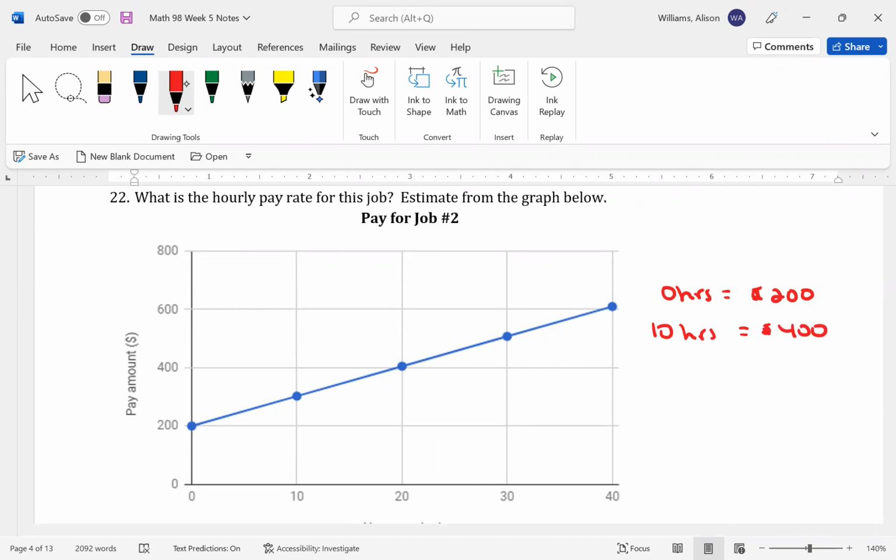So the first thing I'm noticing is that there is an increase of $200 for working 10 hours. Again, like the last problem, $200 for 10 hours of pay equates to $20 per hour. So they are also getting paid $20 per hour.